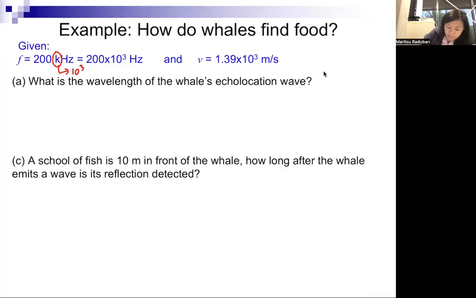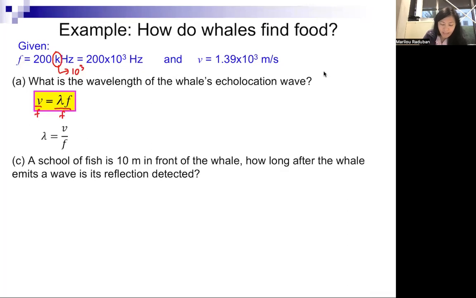We know that the speed is related to the frequency and the wavelength. Okay? Speed is equal to wavelength times frequency. We're being asked for the wavelength, so we need to rearrange this equation to isolate lambda, the wavelength. If we divide both sides by f, then we're able to cancel frequency on the right side because frequency divided by frequency is equal to 1.